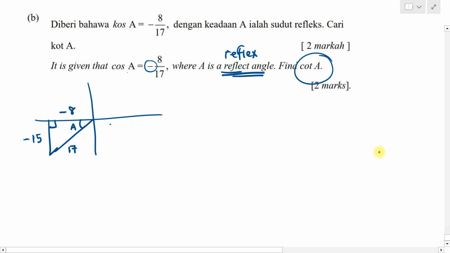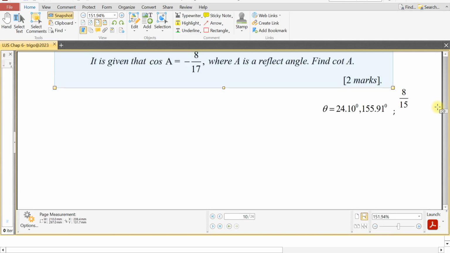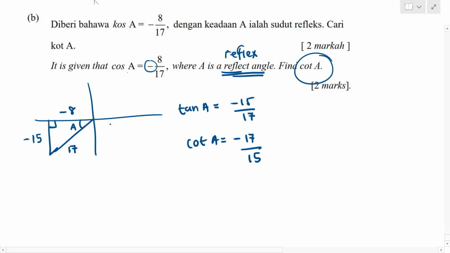Now you need to find the tangent first. Tangent A is opposite over adjacent. So cotangent A is just upside down, because it is 1 over tangent. Wait, sorry guys.